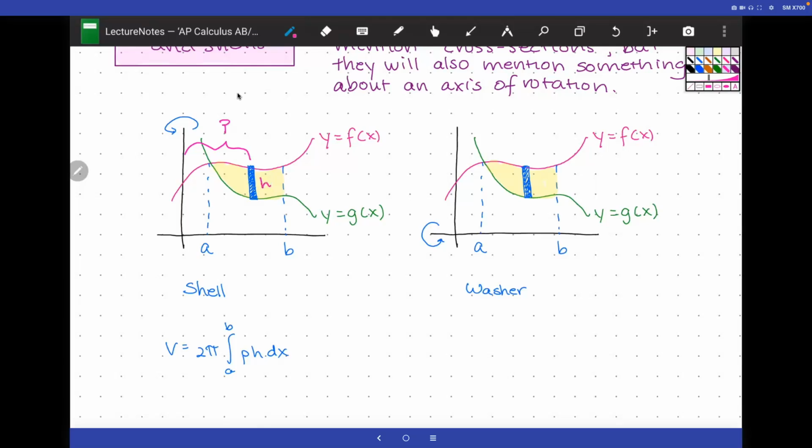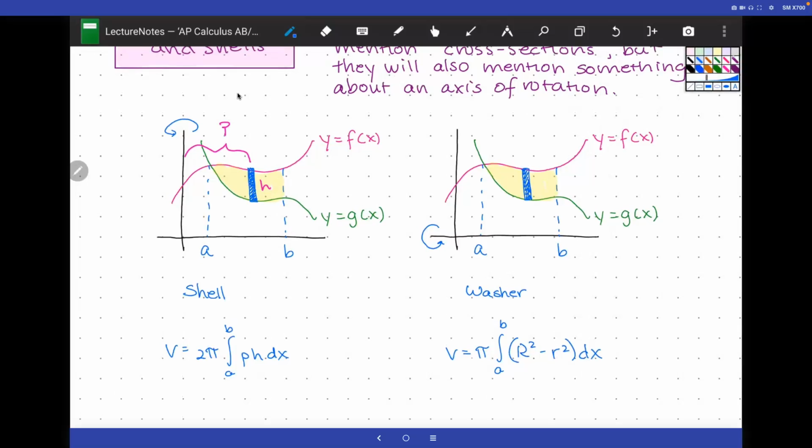Anybody remember the formula if we're going to do the washer problem then? Go ahead, Sophia. Yes, excellent.